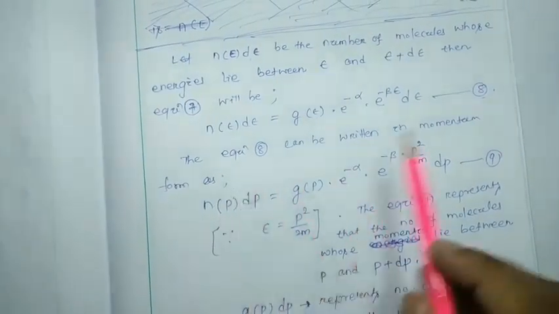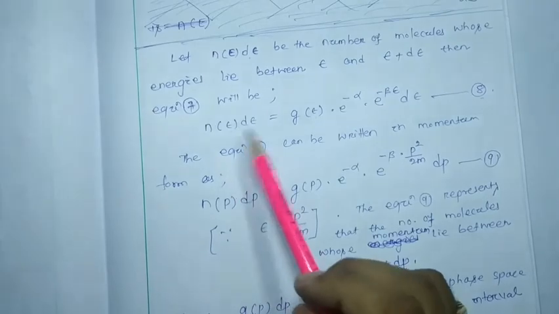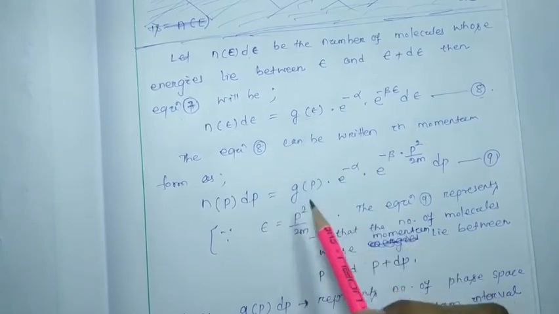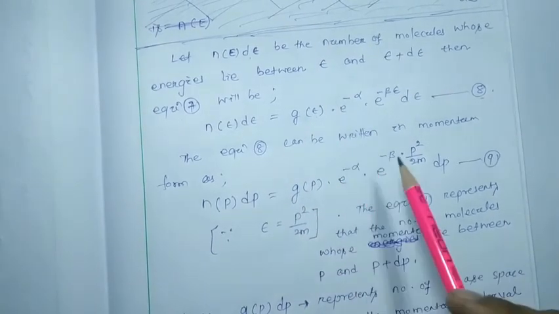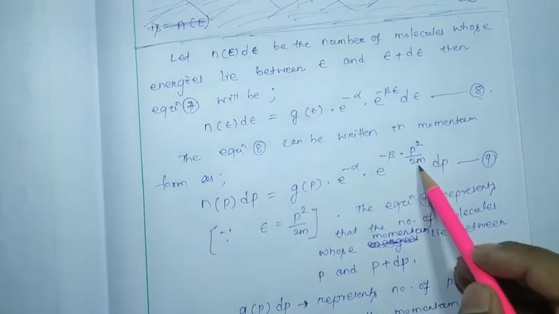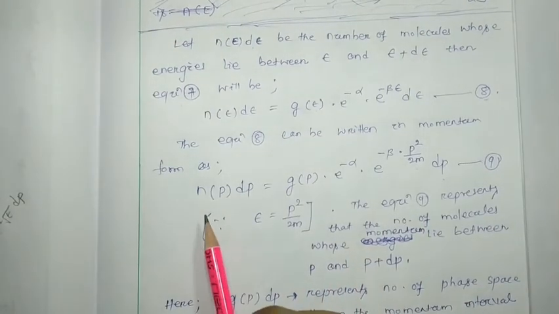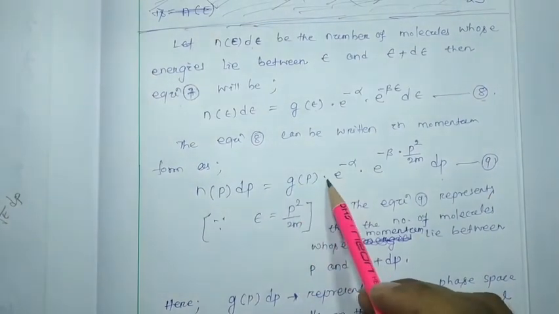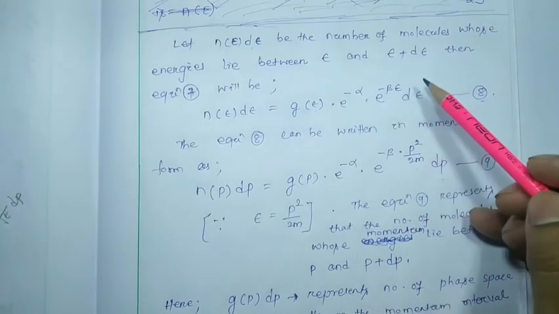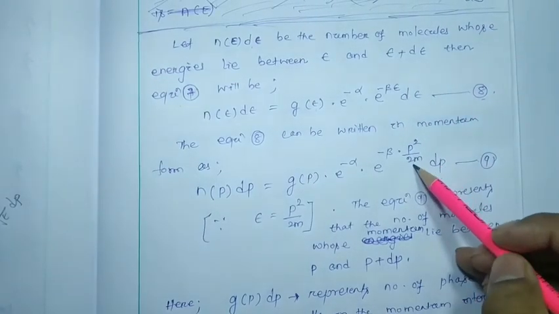Equation number 8 can be written in momentum form as n(p) dp instead of epsilon. n(p) dp will be g(p) into e to the minus alpha into e to the minus beta, where instead of epsilon, the kinetic energy, we write p square by 2m, into dp.